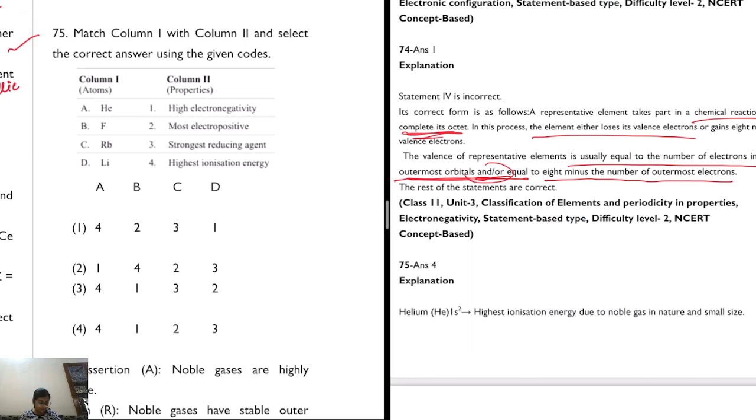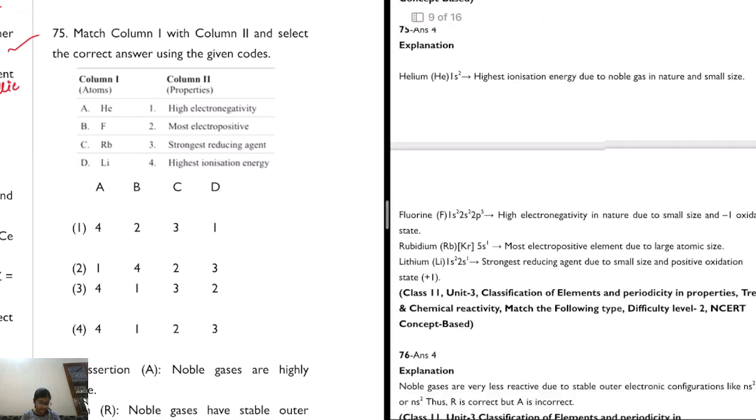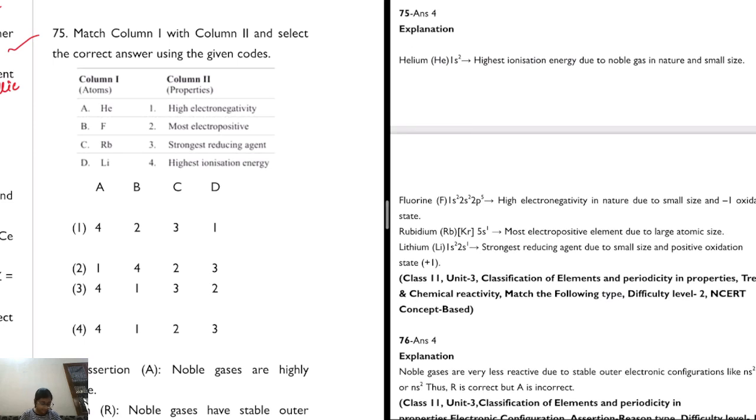Match column 1 with column 2 and select. See, this is easy. Helium: it is 1s2, therefore it is in a stable state, so it has high ionization energy. Okay. Fluorine: we all know it is the most electronegative element. Then we have rubidium. It is the most electropositive element. Okay, it comes in the alkali metal series, lower down.